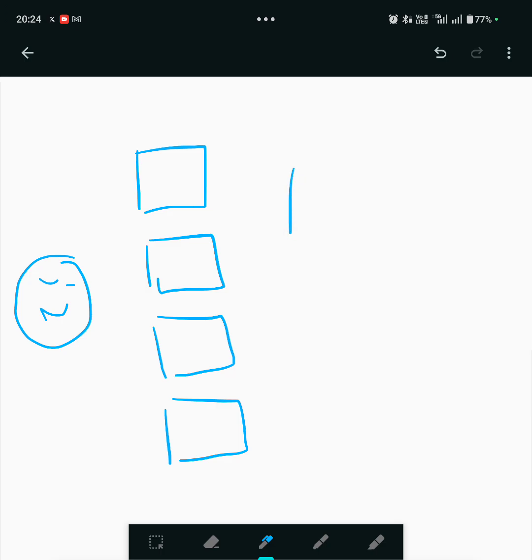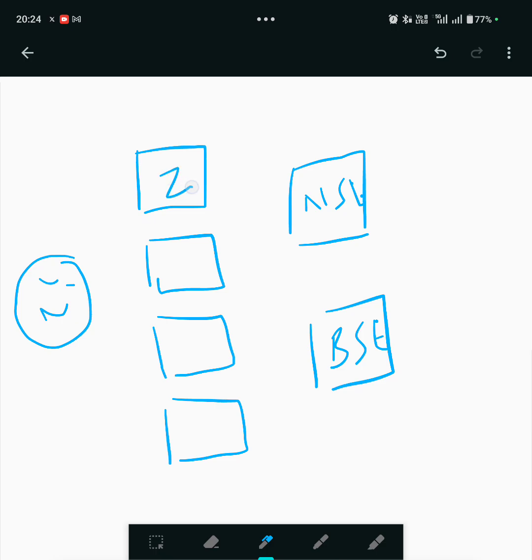So there are two exchanges for equities. One is NSE and the second one is BSE, and these are the brokers: Zerodha, Upstox, Groww, Sunya, etc. This is us.